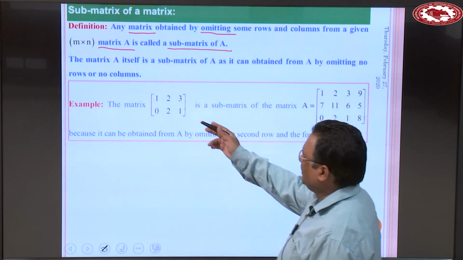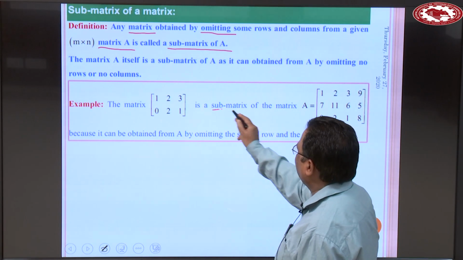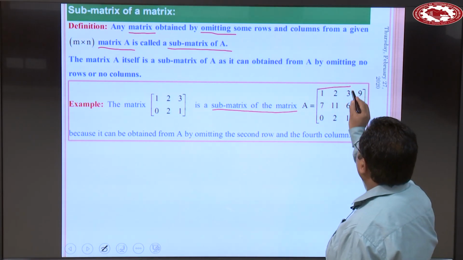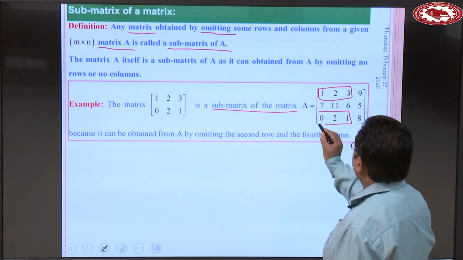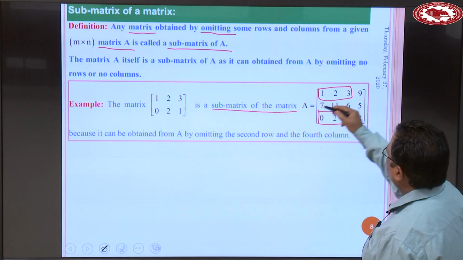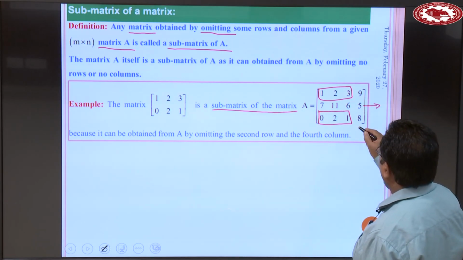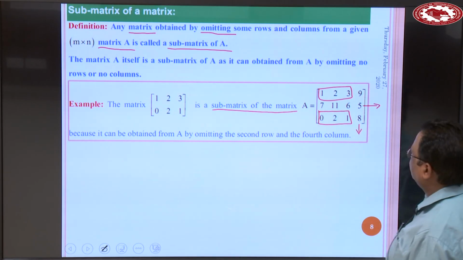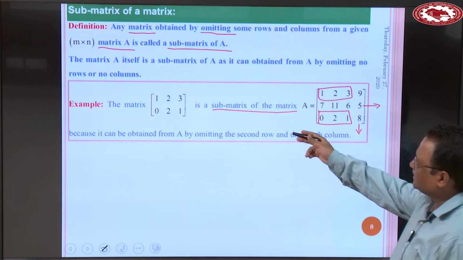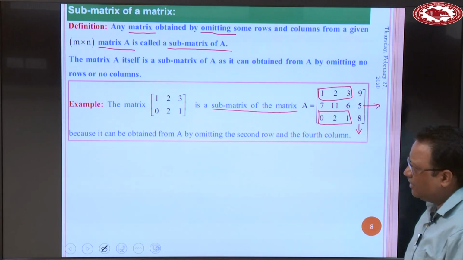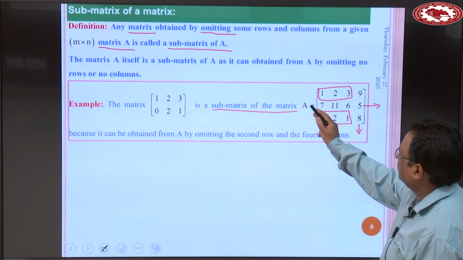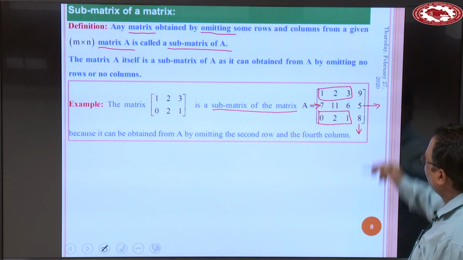For example, this matrix is a submatrix of the matrix A, because it can be obtained from A by omitting this second row and the fourth column.